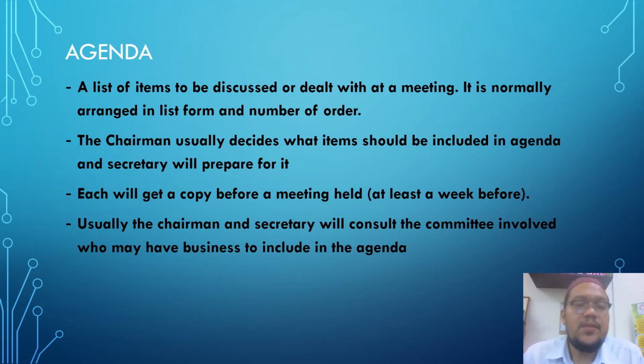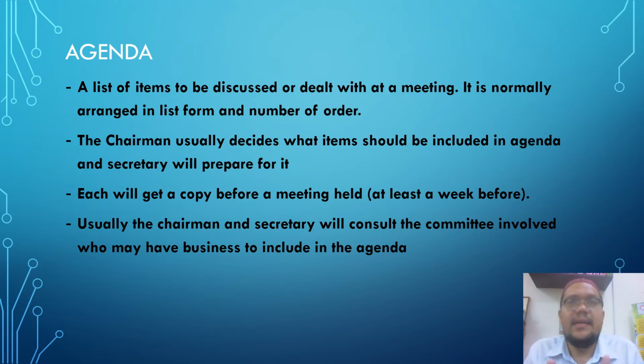Okay, the chairman usually decides what items should be included in the agenda, and the secretary will prepare it. Again, the secretary will be responsible for preparing and providing the agenda together with the notice. Each member will get a copy before the meeting is held. Why do they need to know the agenda at least a week before? Because sometimes they have to report certain things, or they have to participate.